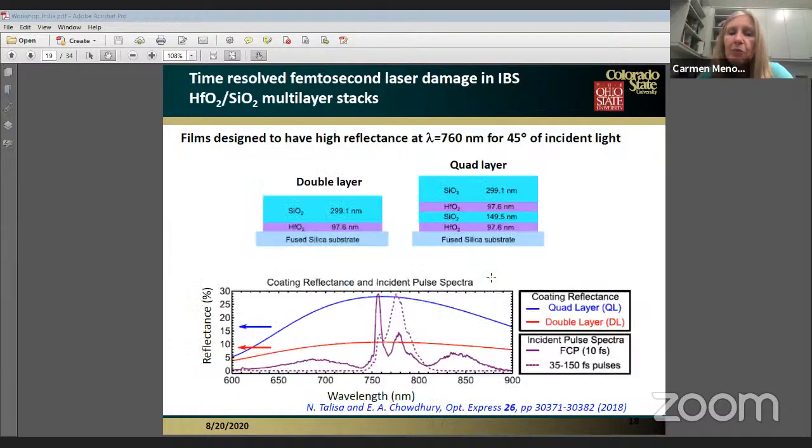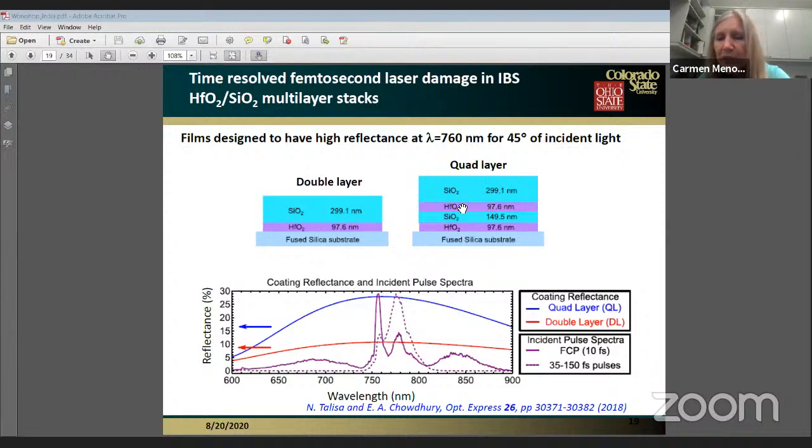Another problem that we are working on is studying the laser damage behavior at ultra short pulses. These are femtosecond pulses, 10 femtoseconds or below. And we do this in collaboration with Inan Chowdhury from the Ohio State University. And so here, what we are interested in learning, again, are the mechanisms of damage.